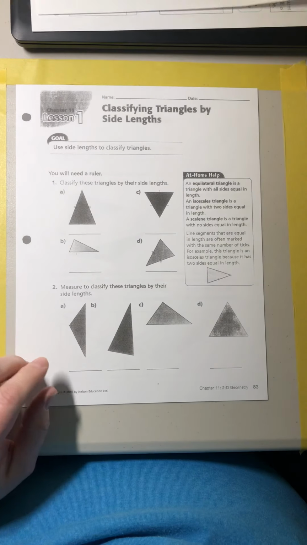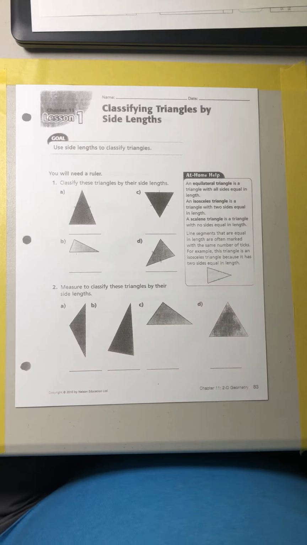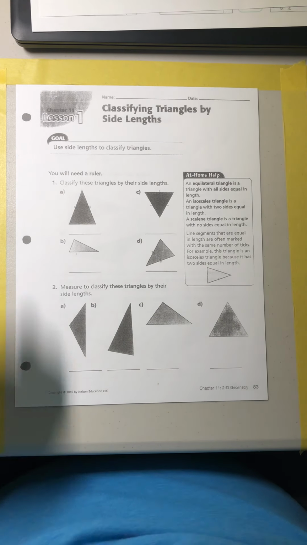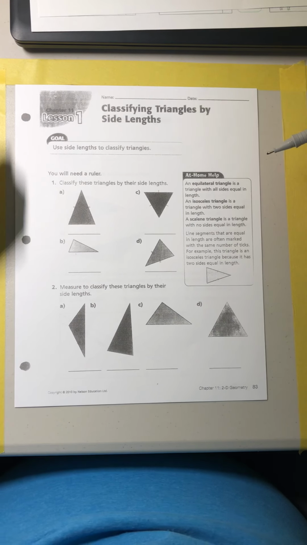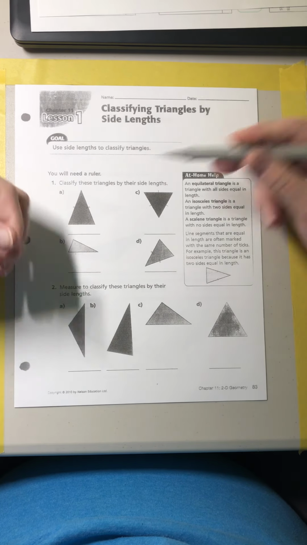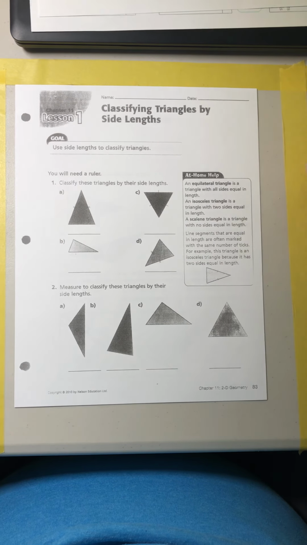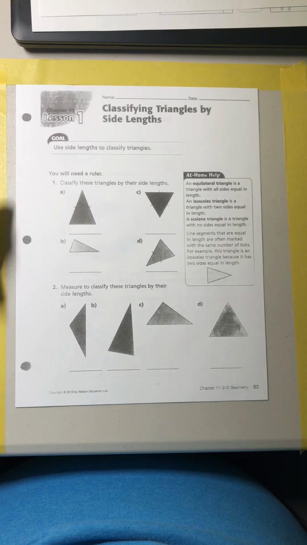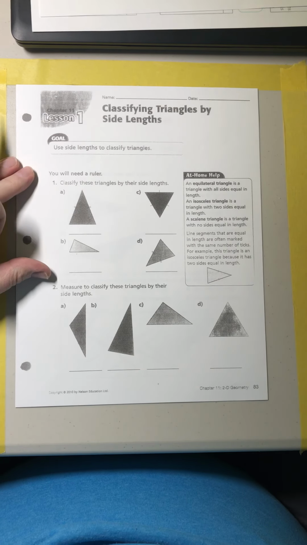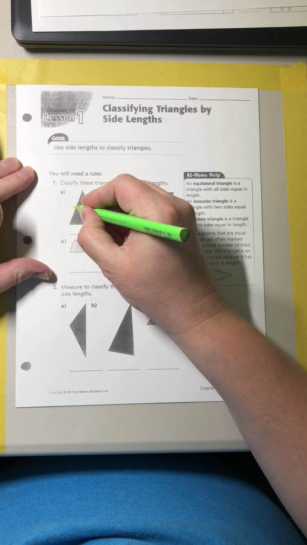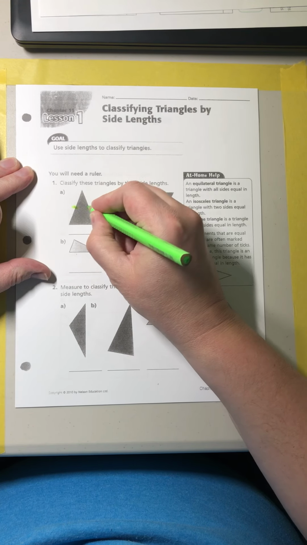Now, this is lesson 1. I'm going to do it together with you digitally, and we are trying to identify which of these triangles match with their names. It says you'll need a ruler, but what we're going to do first is look for ticky marks. There's a ticky mark there and a ticky mark here.